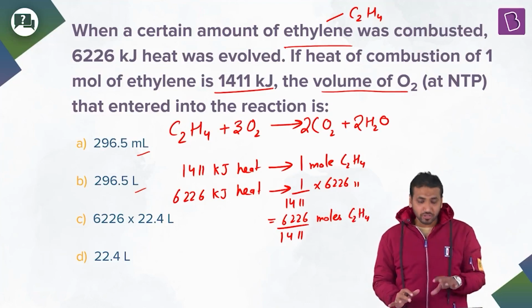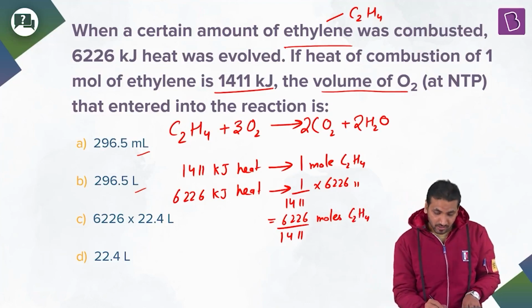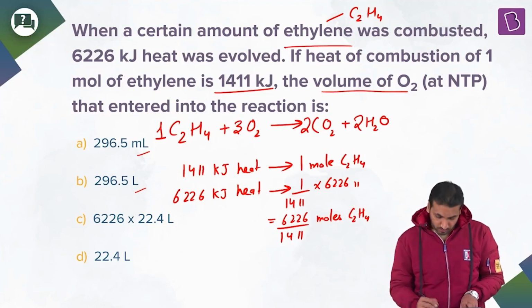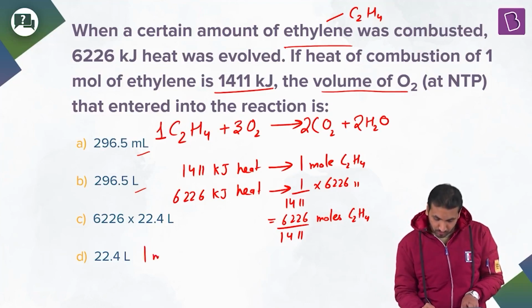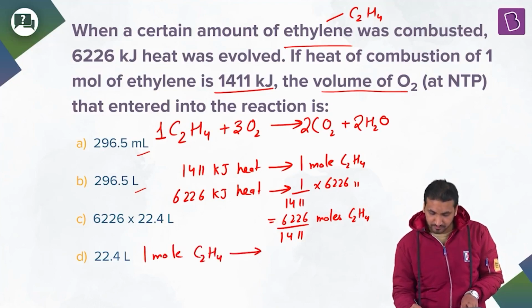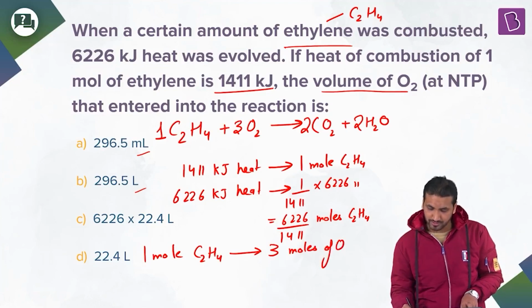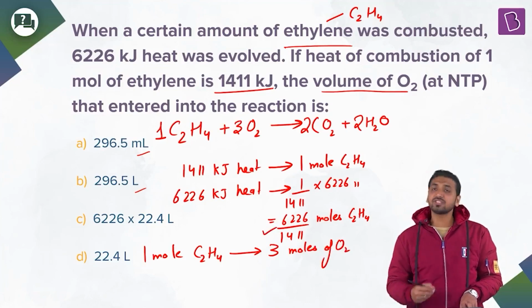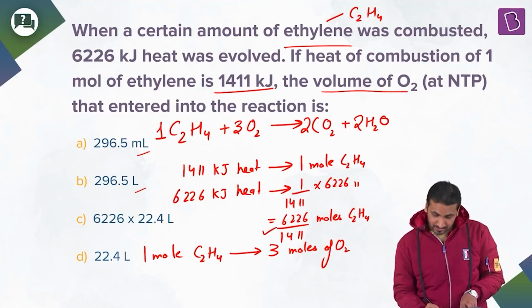Can I read the stoichiometry in the reaction? It says 1 mole of ethylene is going to react with 3 moles of oxygen. So I have this much number of moles of ethylene. Can I just quickly calculate the moles of oxygen?